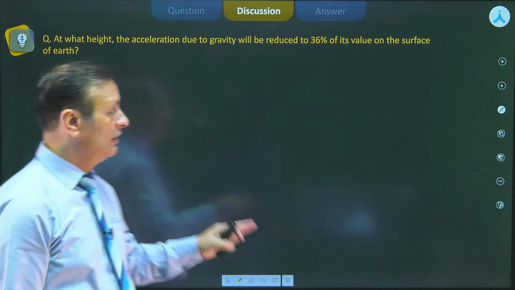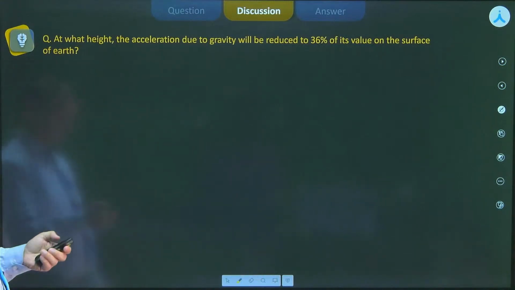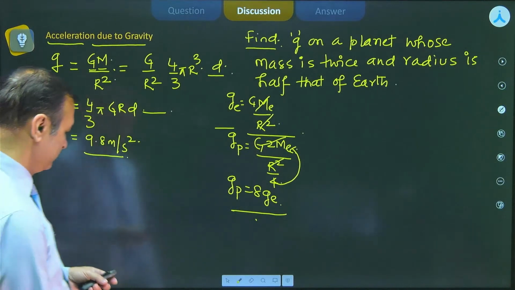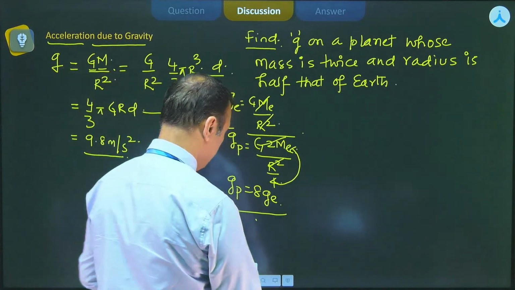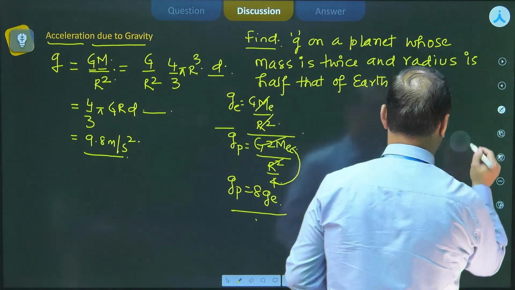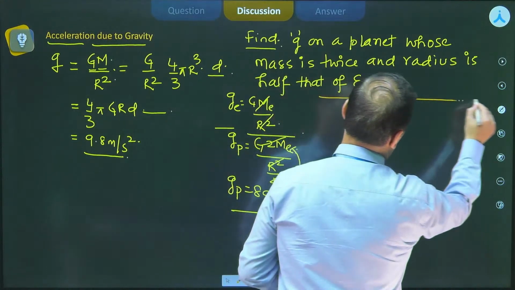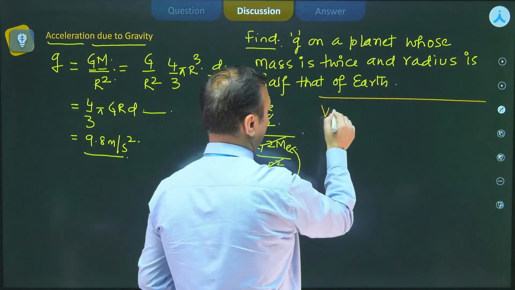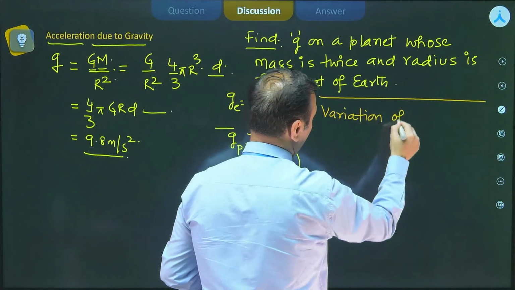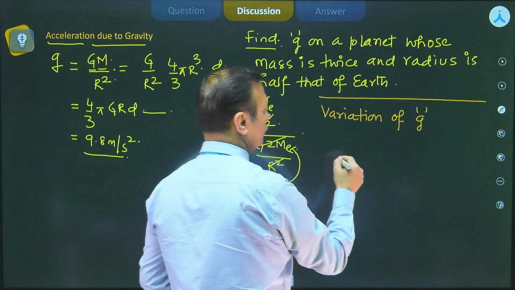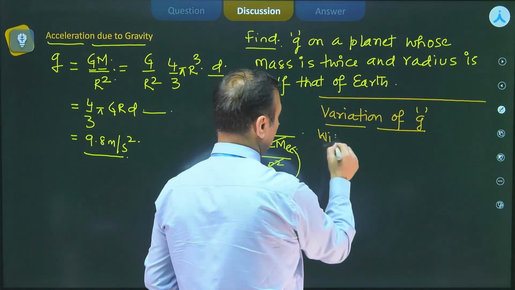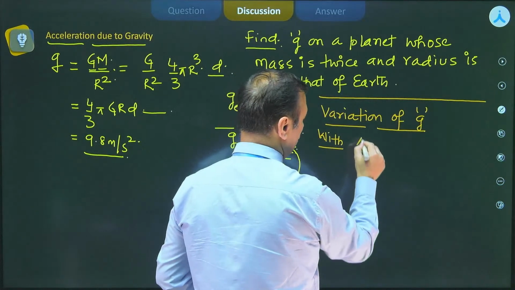Now, before we attempt this question, I think we have to build up a few concepts. So, let me pick up this side. We have to find out the variation of g with height or altitude.